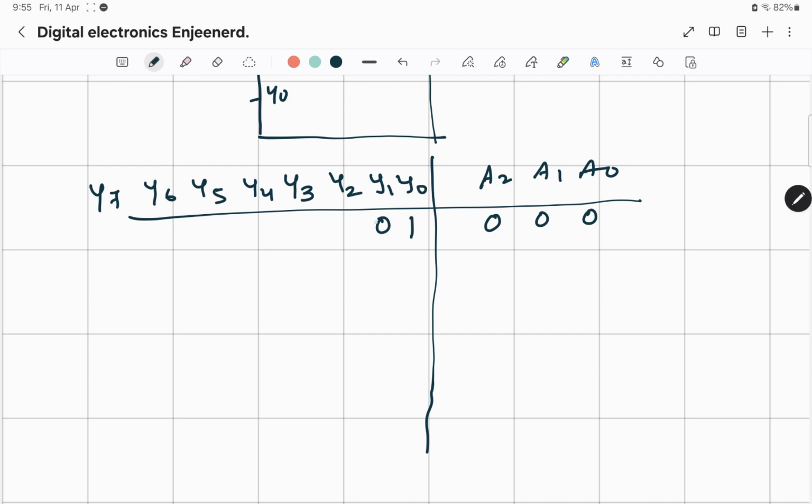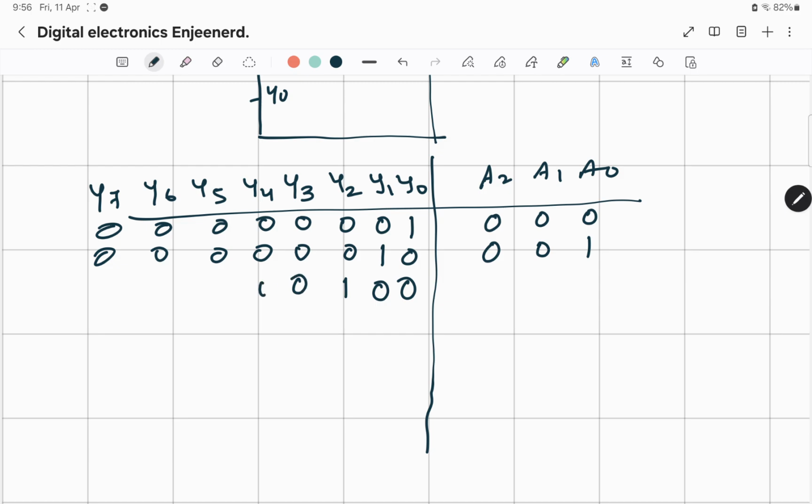So if this is high, all other are 0. My binary is 0, 0, 0. For y1 high, all other 0, my output is 0, 0, 1. Similarly for 0, 0, 1, 0, 0, 0, 0, 0, I will have 0, 1, 0, and so on. You can fill this entire table.